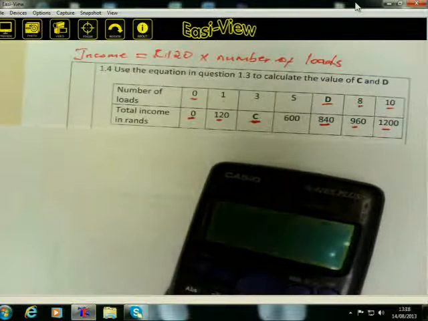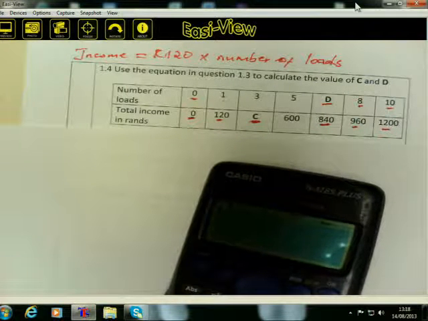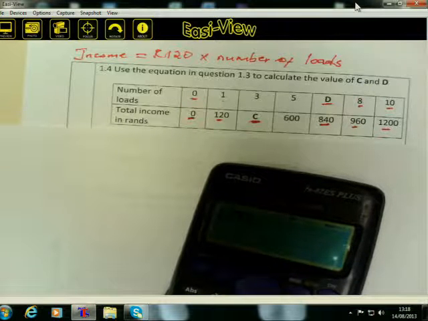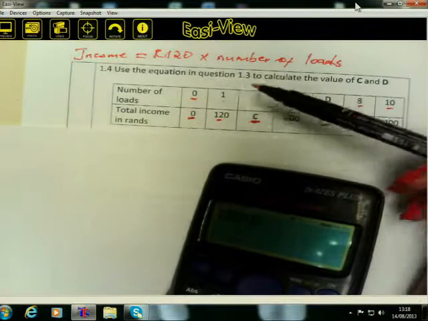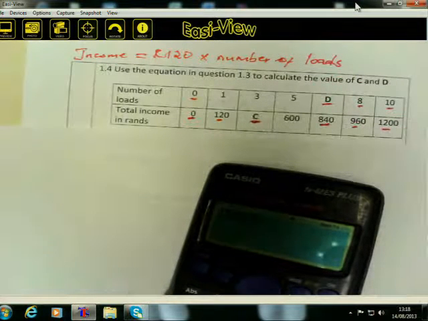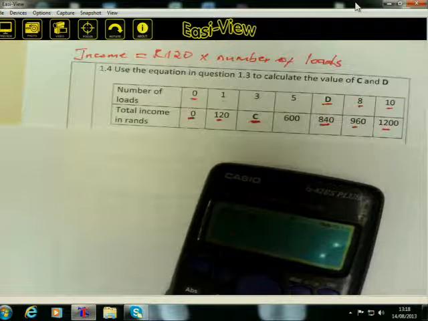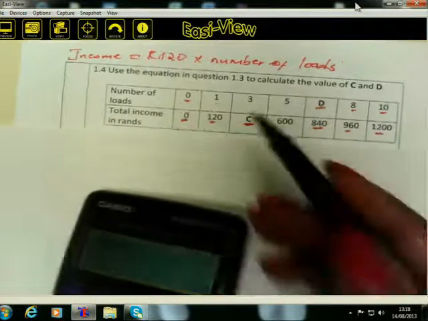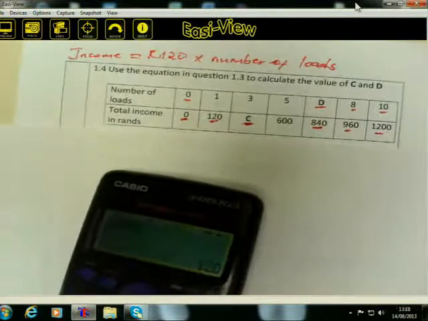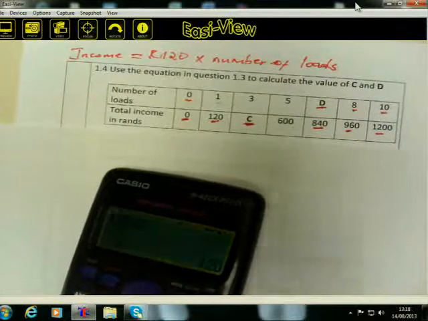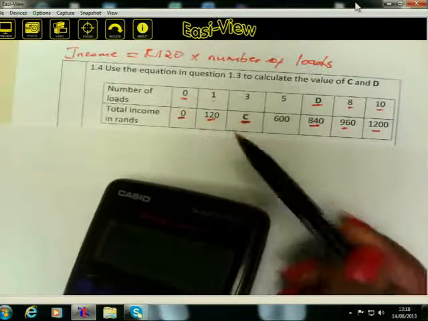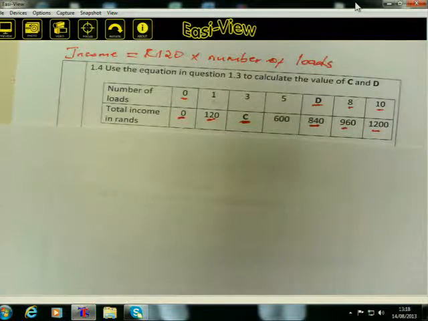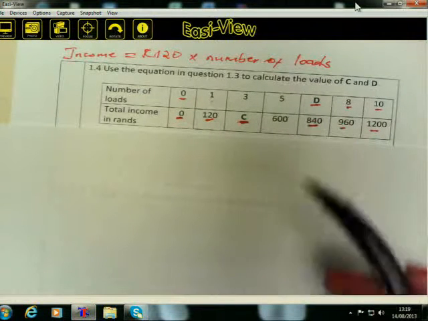Let's go back to the formula. It says 120 multiplied by 1, because he's going to transport 1 load. If you multiply 120 by 1, the answer is 120. Somebody who said 120, you are quite correct. So using our formula, we managed to find 0 as the answer and 120. Now we can go to the formula and calculate the value of C and D.